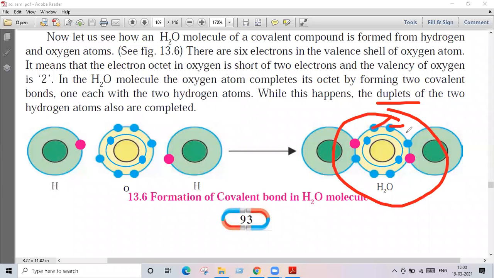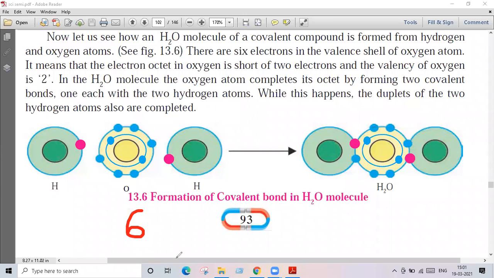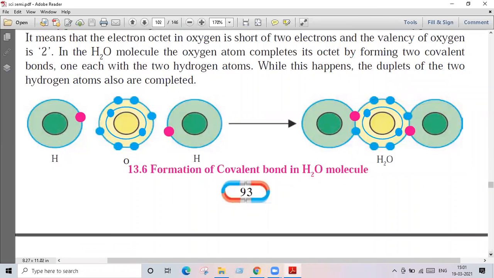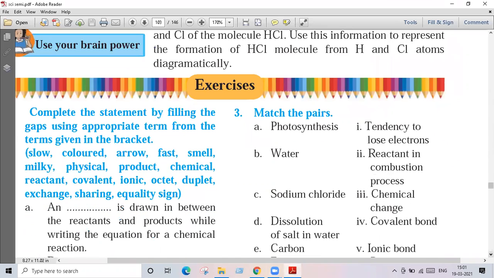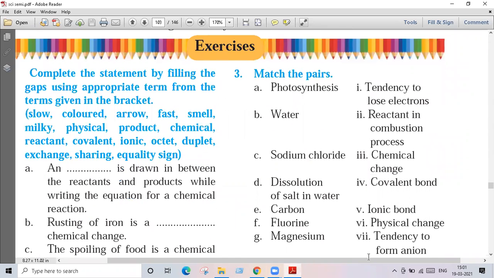See 1, 2, 3, 4, 5, 6, 7 and 8. Oxygen's electronic configuration is 2, 6. An atom cannot give its electron, so there is only sharing of electrons. That is the difference between covalent bond and ionic bond.